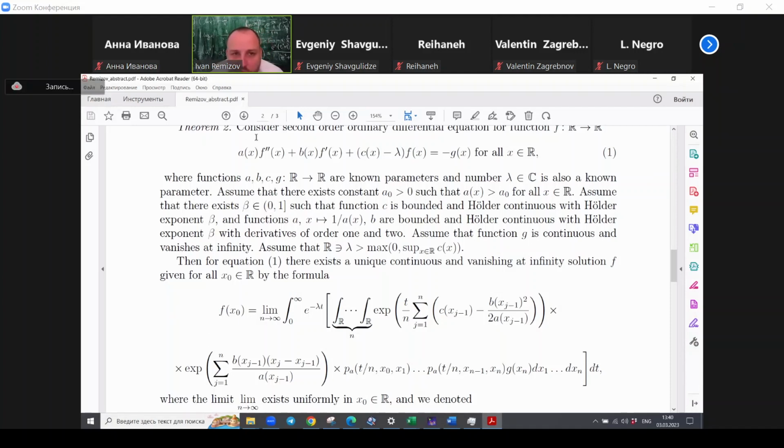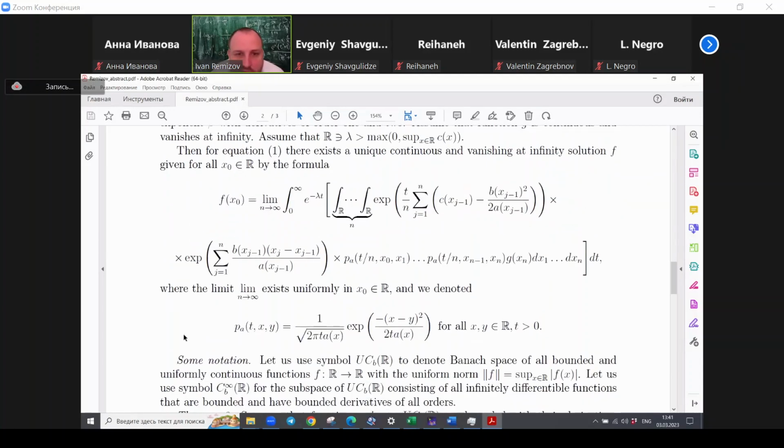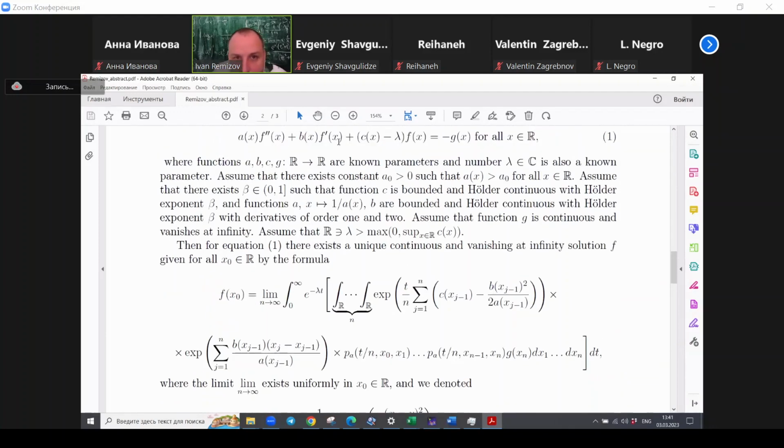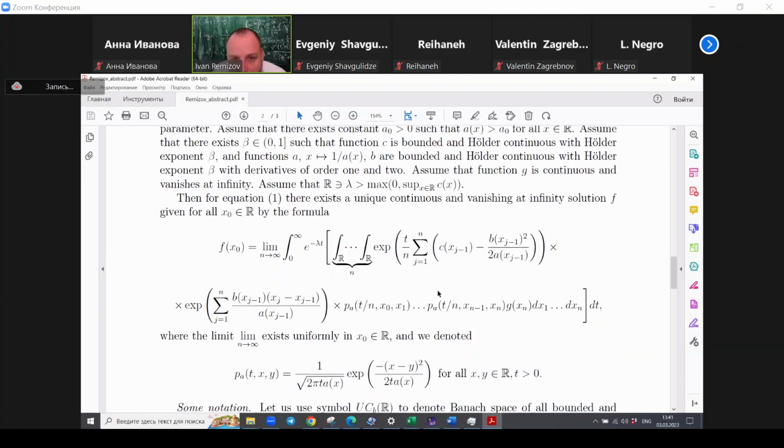So here, for the first time, the solution to an ordinary differential equation is represented as a Feynman formula, and maybe it can be interpreted as a Feynman integral. And you see coefficients A, B, C, lambda, J, and they all appear here as parameters in the formula for the solution. Very nice.